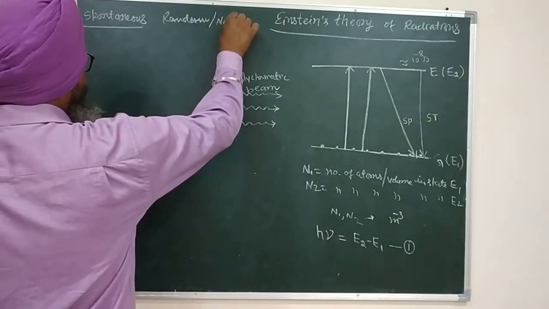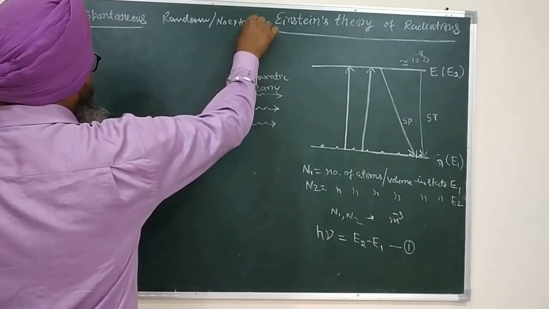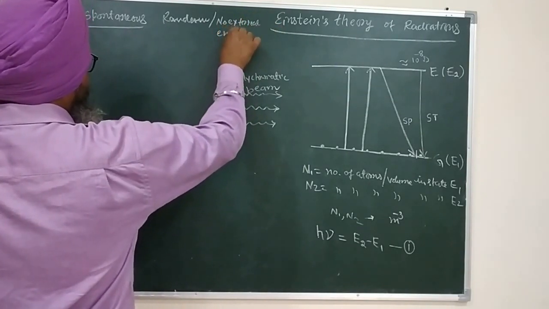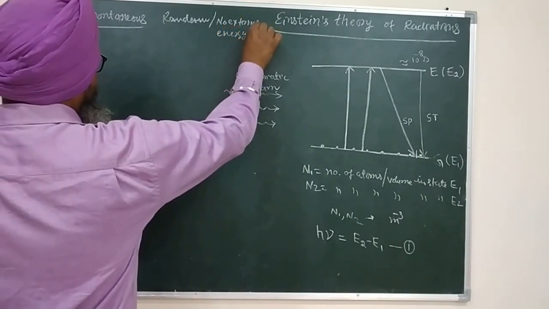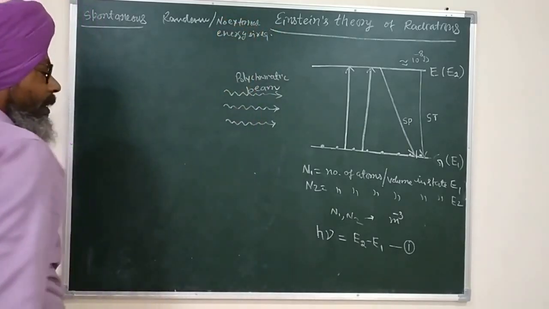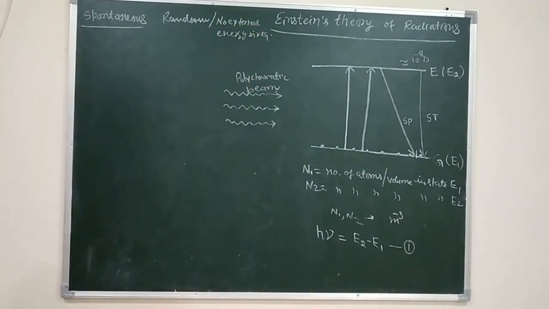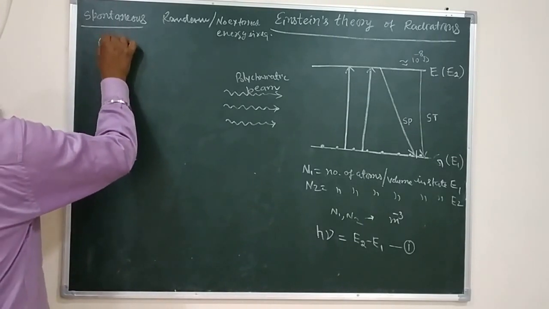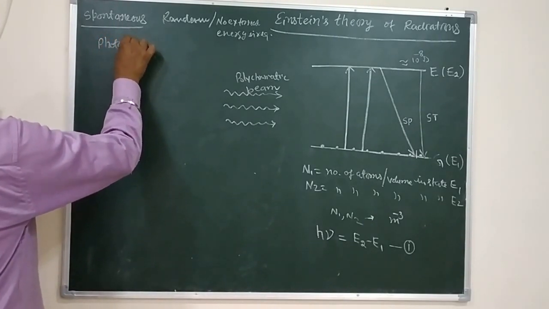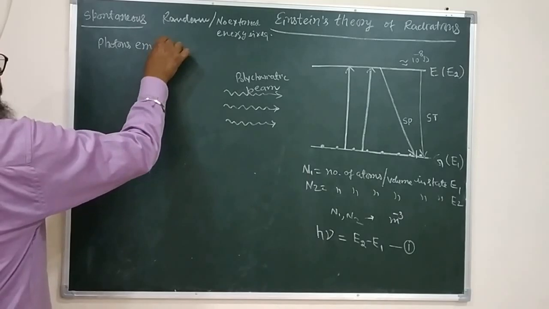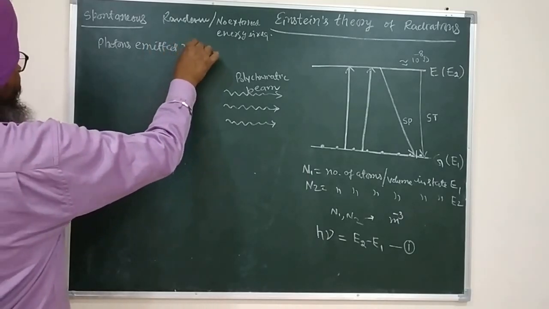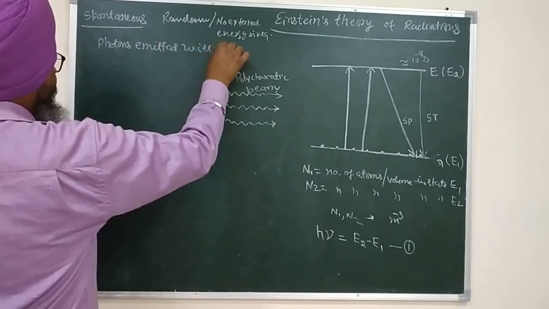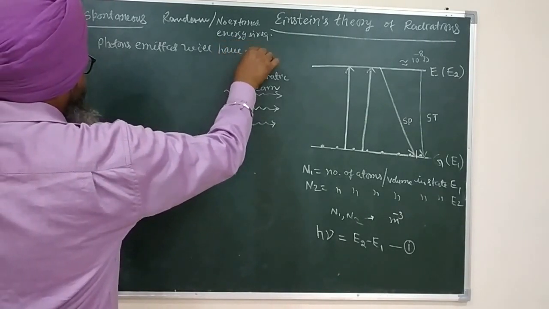So no external energy is required for such a process to take place, and since the electrons are just randomly de-exciting, the emitted photons will have different directions.